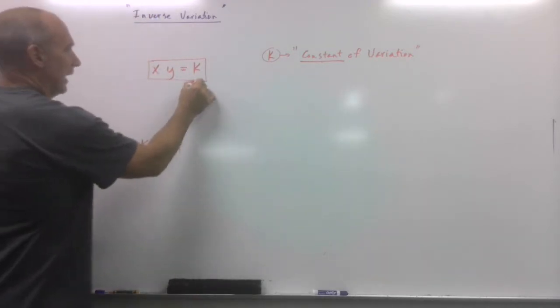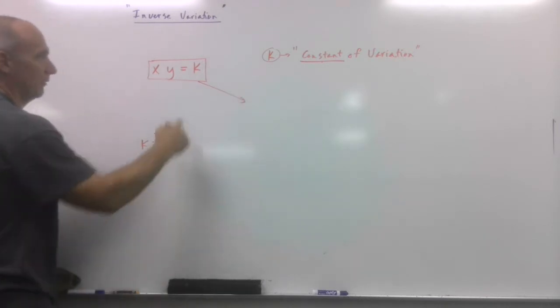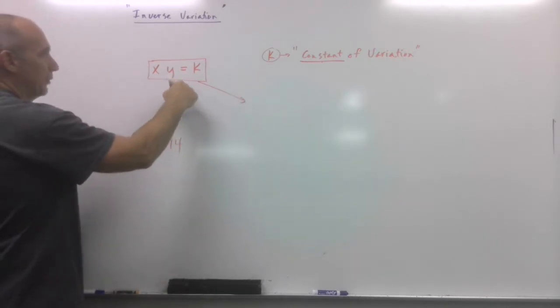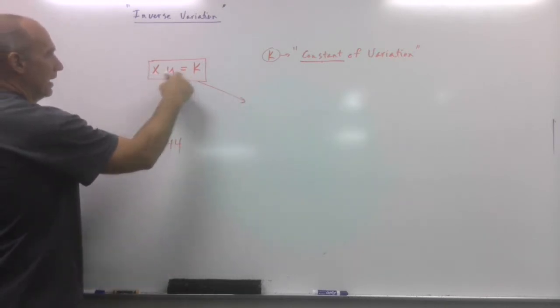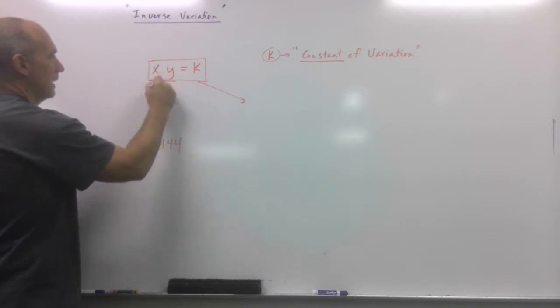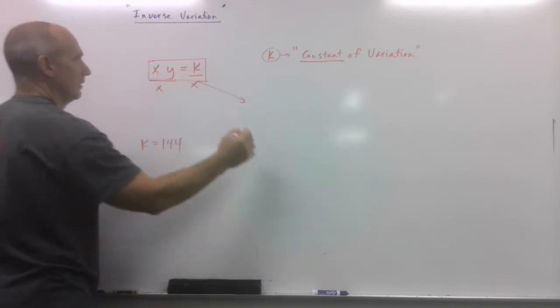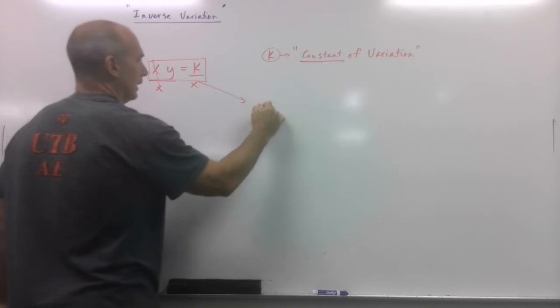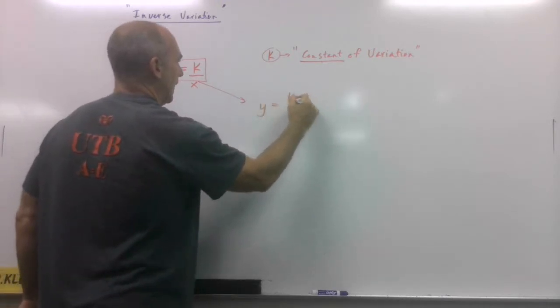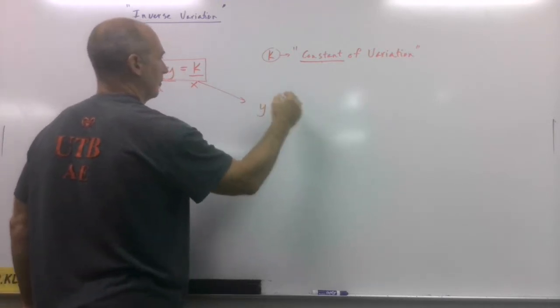Now, there's an offshoot of this formula that they're going to use. If they divide both sides by x, these will cancel, and they get y equals k over x.